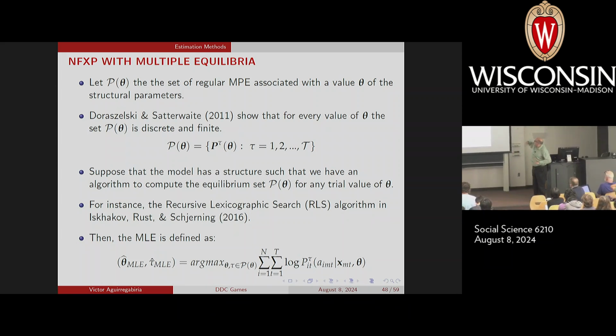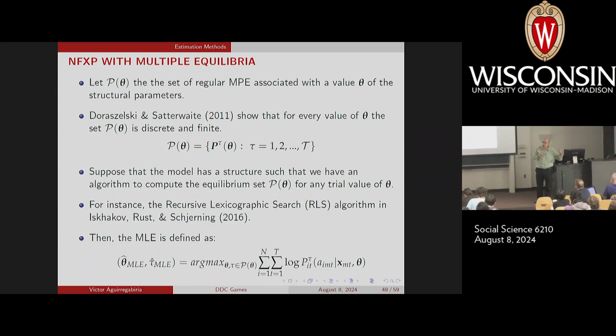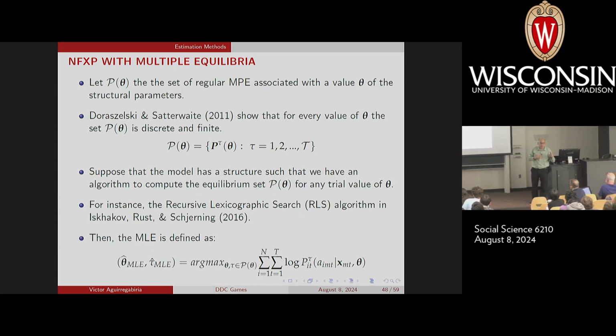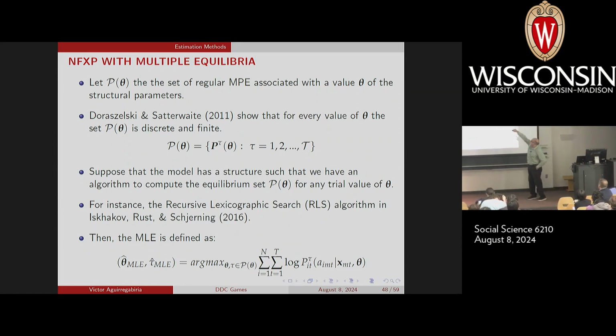Let me mention that the paper by Doraszelski and Satterthwaite in Theoretical Economics shows that within this class of models, generically, the set of equilibria is discrete and finite, okay? And we know that for every value of theta, we have only a finite set of equilibria, okay? Then let me use tau to index equilibria, okay?